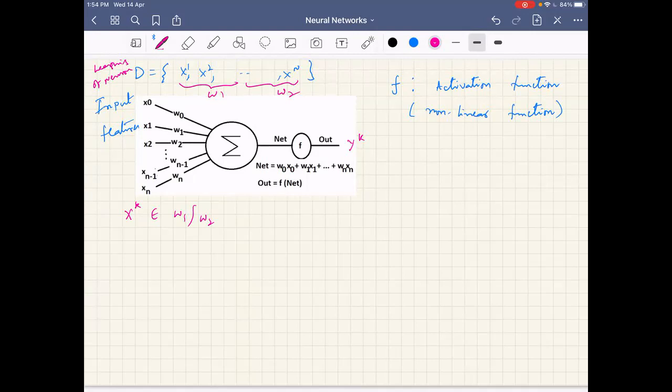We keep inputting these samples, taking xk from the set D. Usually we throw a random number between 1 and n, and a random sample is taken and given as input. Ideally, if xk belongs to class 1, the label has to be +1, and for class 2 the label has to be -1 or 0.